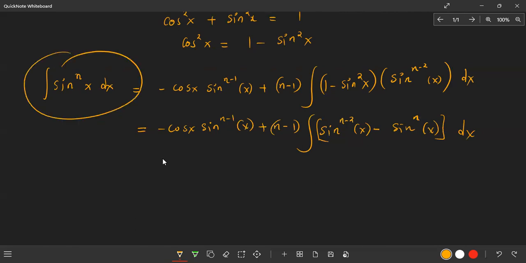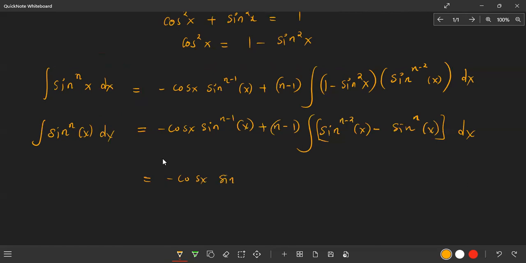So I have to make that the subject of the formula. I'm going to make this sine n x the subject. So what I'm going to do here, I have this negative cos x sine n minus 1 x plus n minus 1, and this integral distributed.